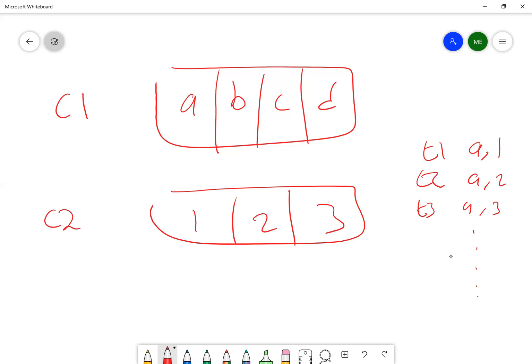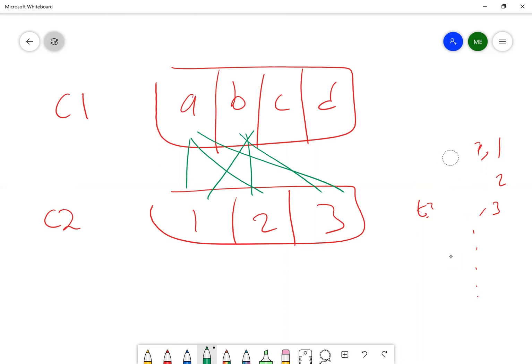Now, if you think about it, what is it that I'm trying to do here? I'm trying to test every single combination. And how many combinations am I going to have? 12.